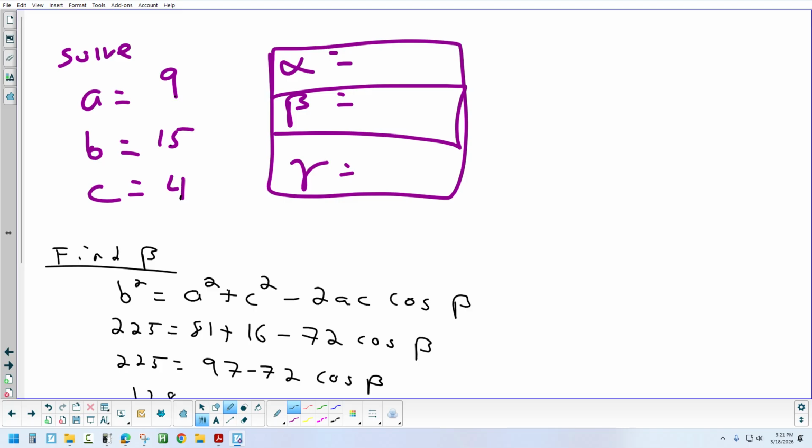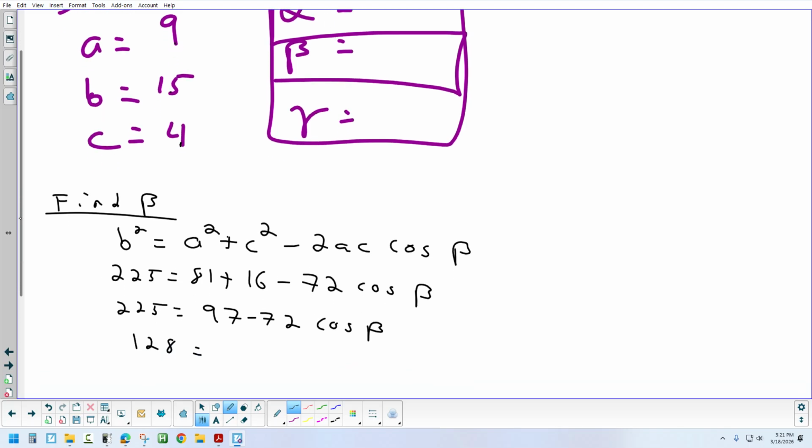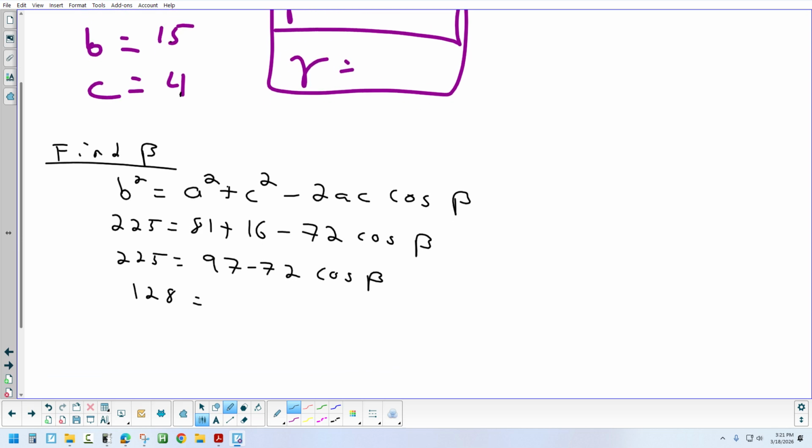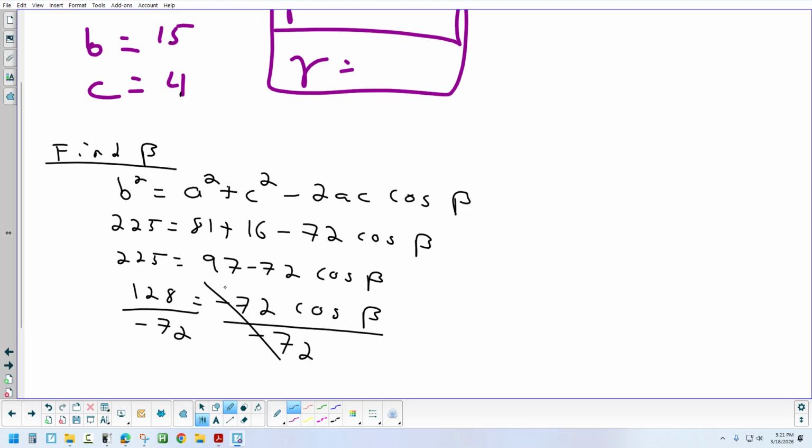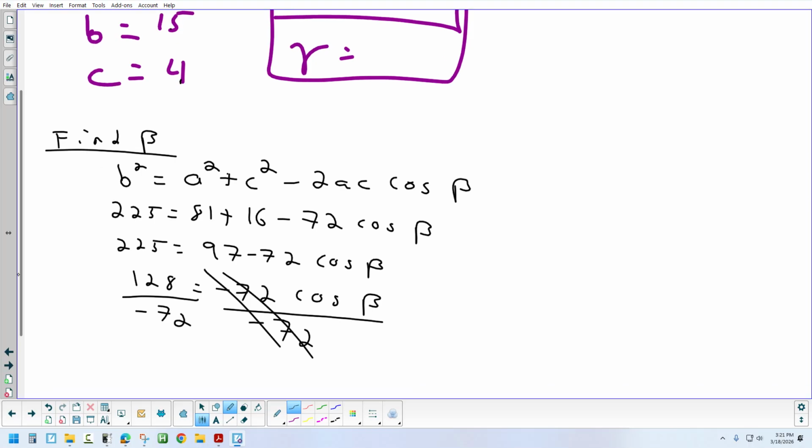Let's stop for a second and look at the original problem. Well, let's keep going, but let's see what happens. So 72 cosine beta. What would I do now? Divide both sides by negative 72. That's gone. Anybody notice anything at this point?